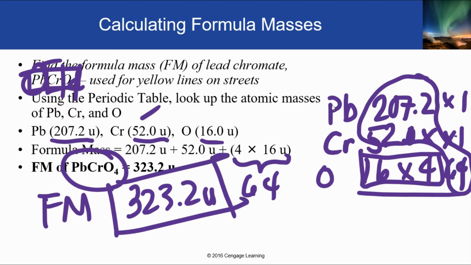You just have to remember if there is a subscript after the symbol or the atomic symbol, okay, or the element. So, yun yung kasama rin sa law of conservation of mass.